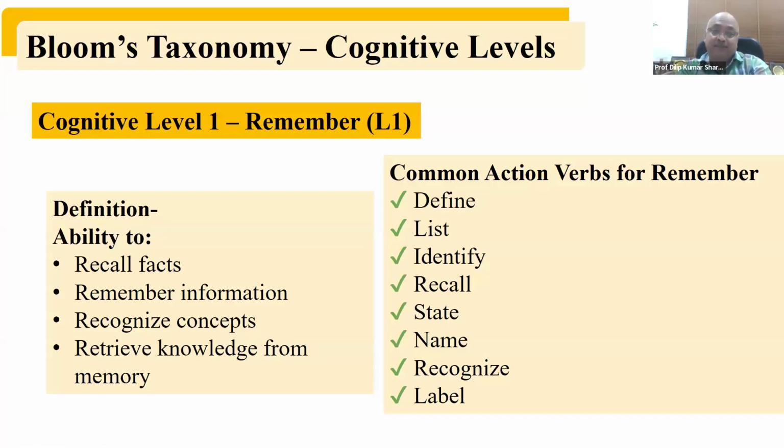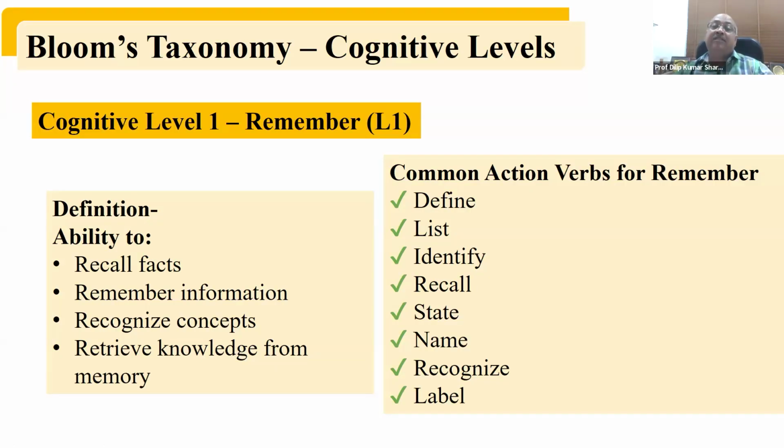So come to the cognitive level 1. Remember means the ability to recall facts, remember information, recognize concepts, retrieve knowledge from memory. Rote learning. And the common action verbs for remember, you are going to use to write the questions as part of the assignment or internal examination paper.